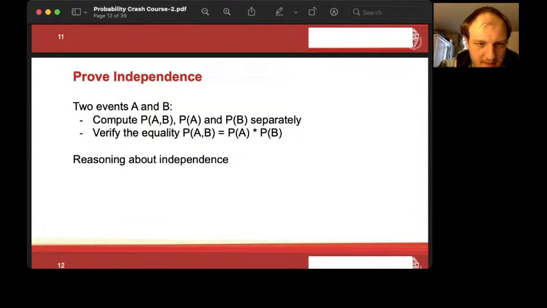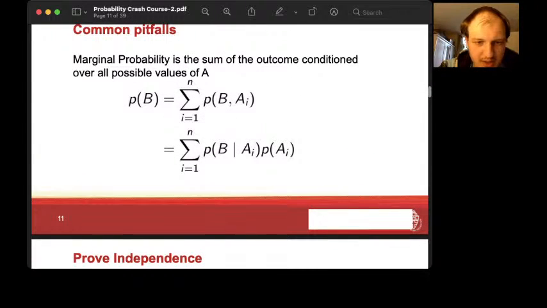Marginal probability. This is the definition of marginal probability.